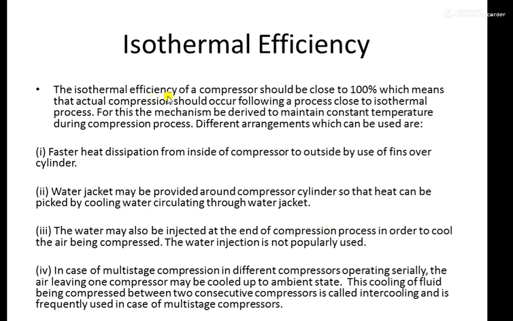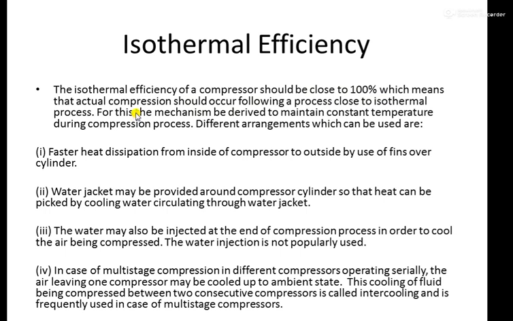Now the isothermal efficiency of the compressor should be close to 100%, which means that the actual compression should occur following a process close to the isothermal process. So the actual compression process should be near to the isothermal process, so this factor will be close to 100%.